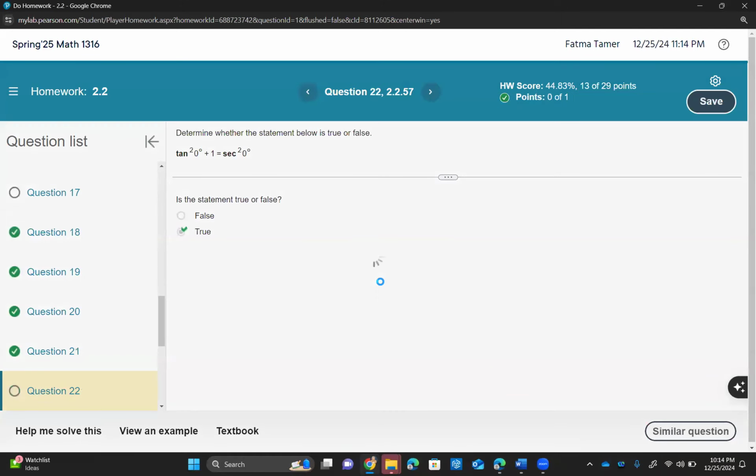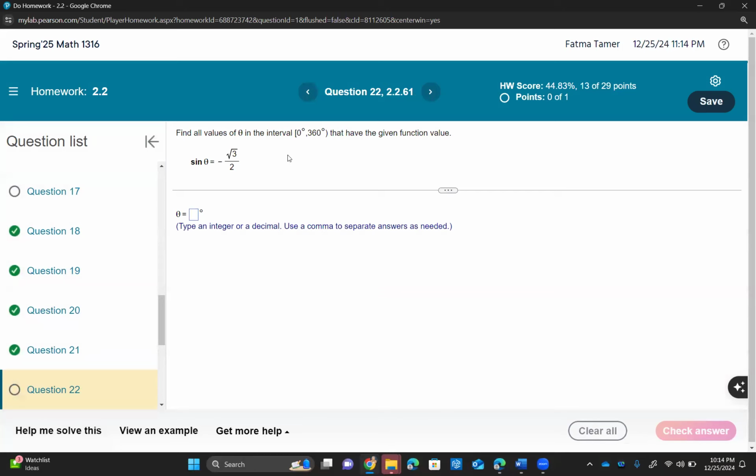Now, for these questions, the sine value is given, and they want us to think about what the angle can be if its sine value is equal to negative root 3 over 2, and I have to consider the whole interval from 0 to 360. So I'm going to think about the angle whose sine value is root 3 over 2.